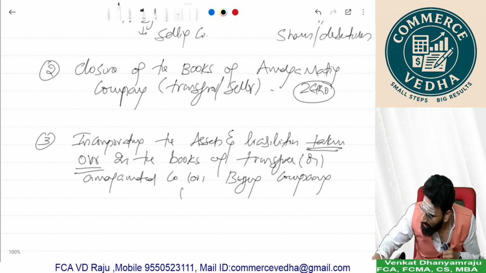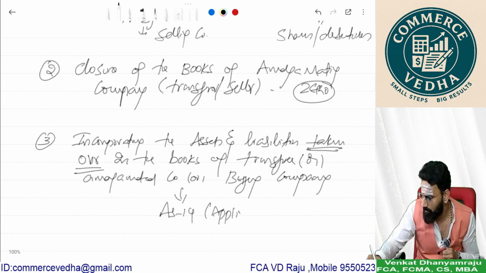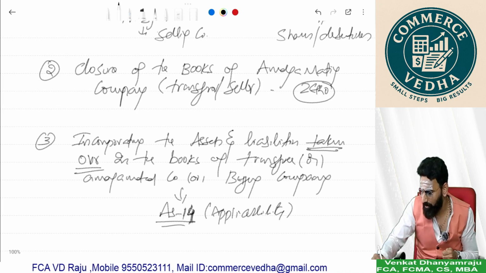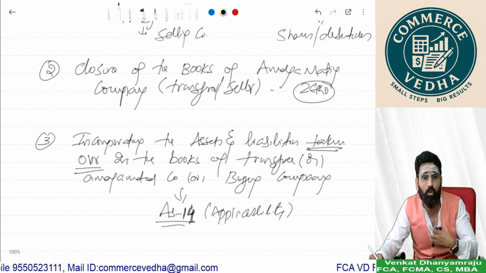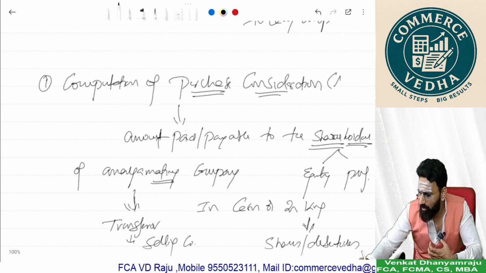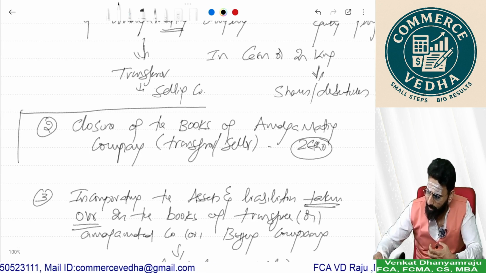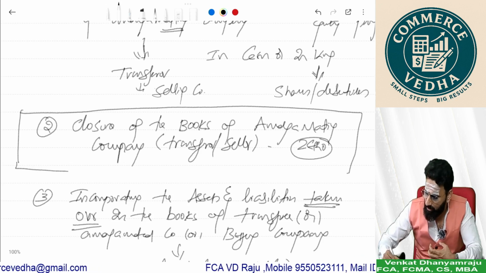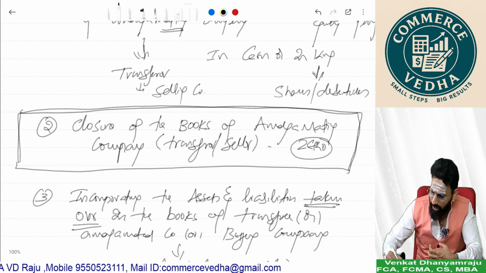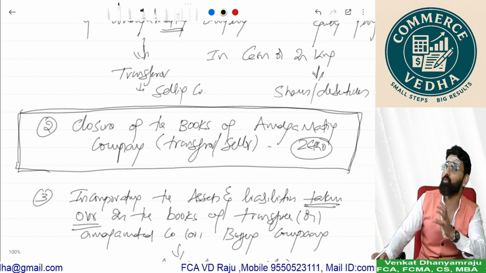While doing the third step, I'll get the applicability of AS 14. AS 14 comes in the third step, where I need to apply. Not only in the third step, also in the first step. In computation of PC also AS 14 comes, but it won't come here. AS 14 has no application on closing the books of the amalgamating company, but AS 14 is applicable in computation of PC, because who computes PC?